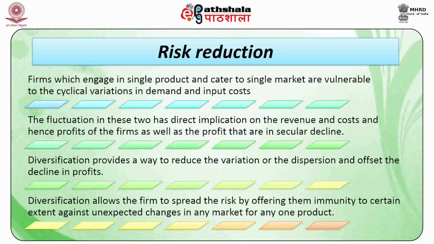Firms engaged in a single product and catering to a single market are vulnerable to the cyclical variations in demand and input costs. The fluctuations in these two have direct implications on the revenue and costs, and hence profits, of the firm, as well as the profits that are in secular decline.